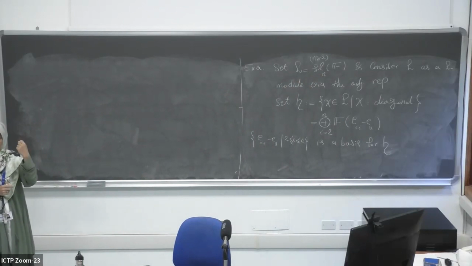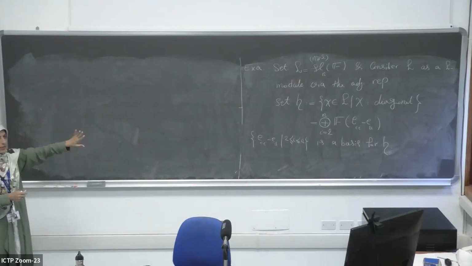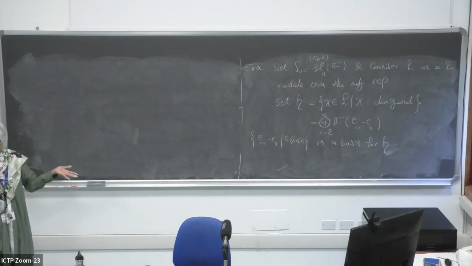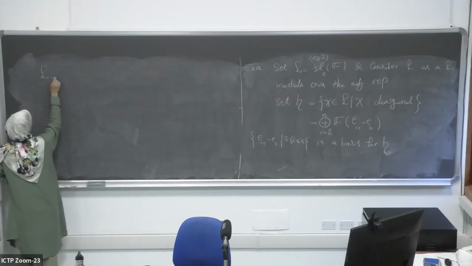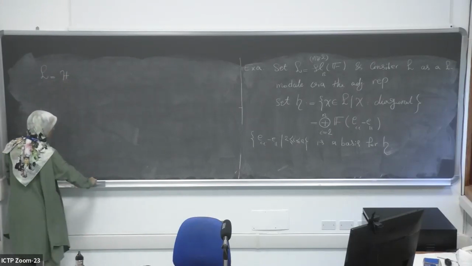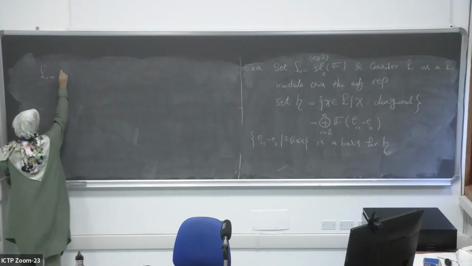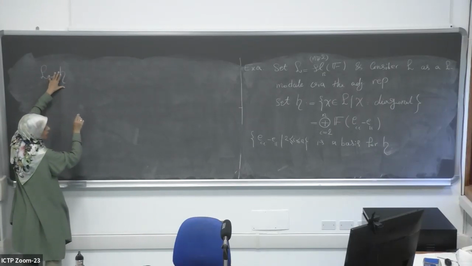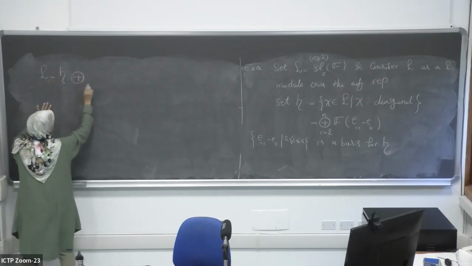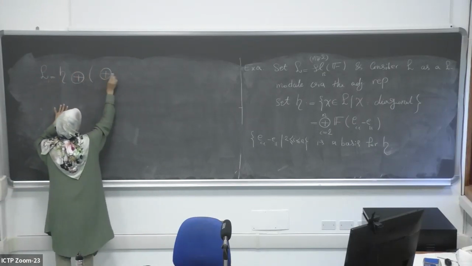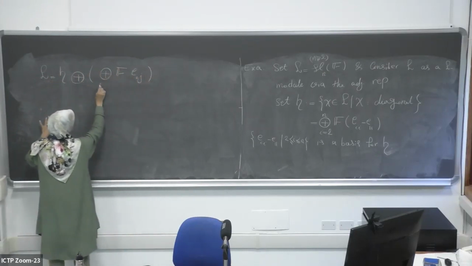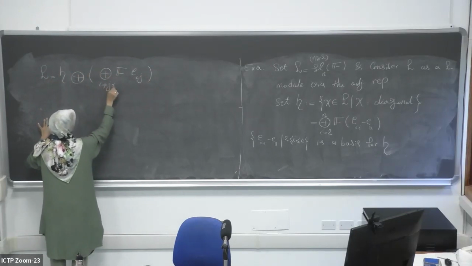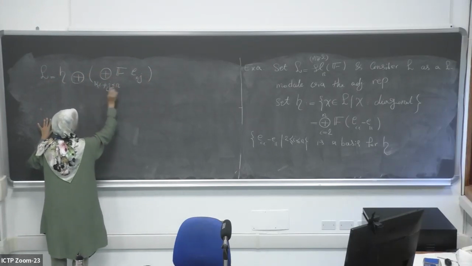If I put away the diagonal elements, all the other elementary matrices are elements of L. So L is H, which is the diagonal part, direct sum F E_ij, i not equal to j between 1 and n.